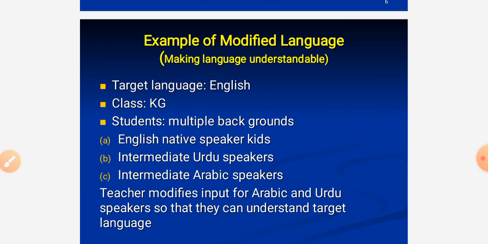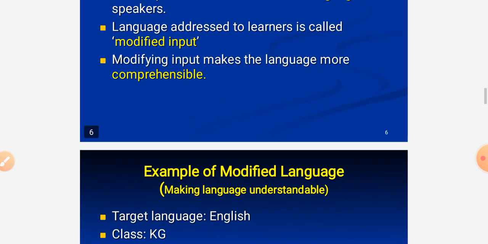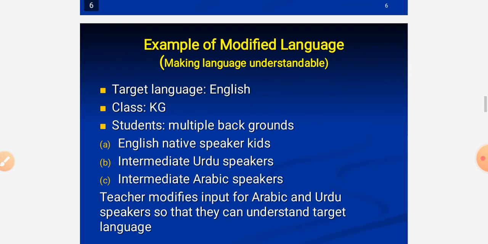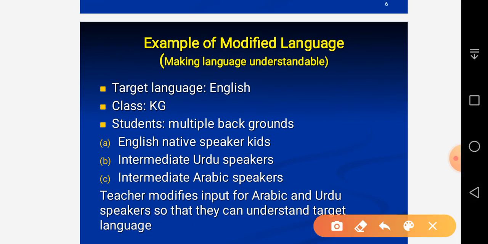So here is an example of modified language. As I have mentioned here, making language understandable. Modification means you are simplifying the target language for the learner. Here the target language is English. There are learners who are learning English, and the class is kindergarten.